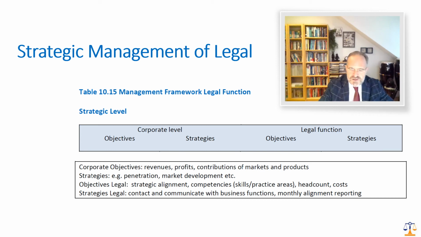Here you find some examples of what typical corporate objectives and strategies could be, and that is translated into objectives for legal, of course specifically from the perspective of how can we bring them closer to the business, how can we reduce legal cost.